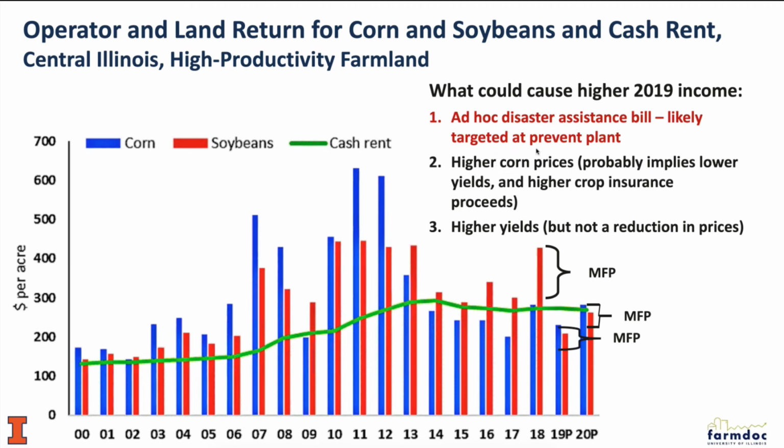What could cause those 2019 incomes to increase? Maybe some help from the ad hoc disaster assistance bill, but that's likely targeted at prevent plant, and that's likely to be pretty low. I wouldn't bet on that. Higher corn prices, but that probably implies lower yields and higher crop insurance proceeds, and higher yields. In any case, it's not a pleasant outlook for 2019.